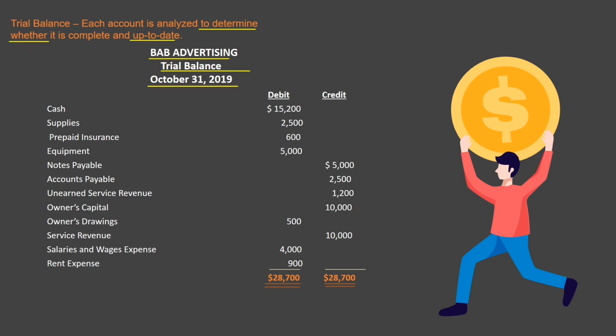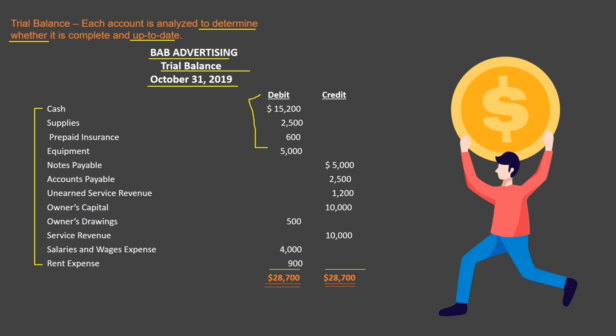Similarly, as we have learned, we provide all accounts used in the trial balance: cash, supplies, prepaid insurance and equipment. They are assets, so they are recorded on the debit side.